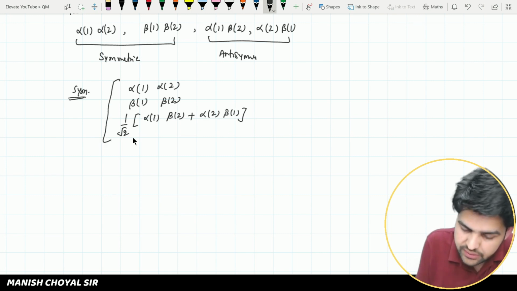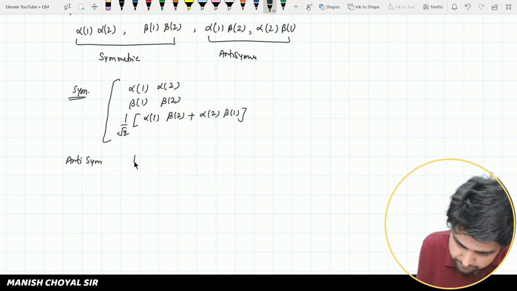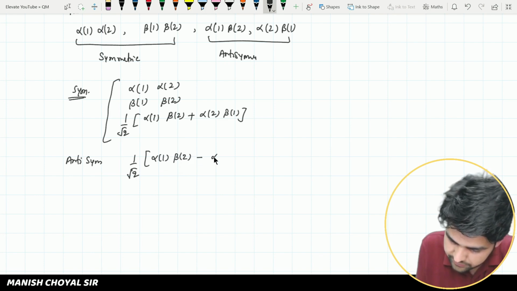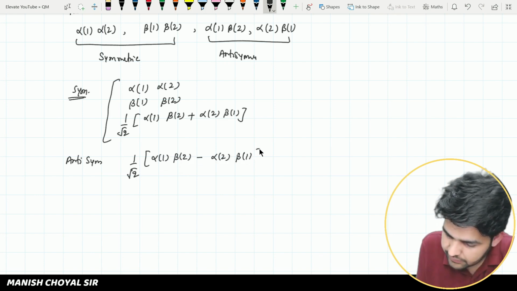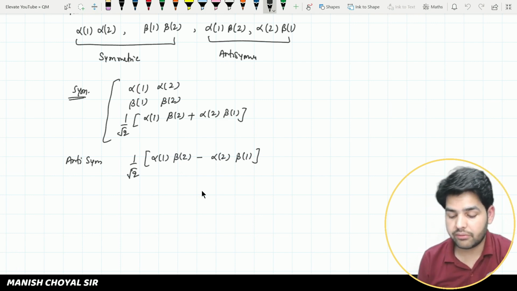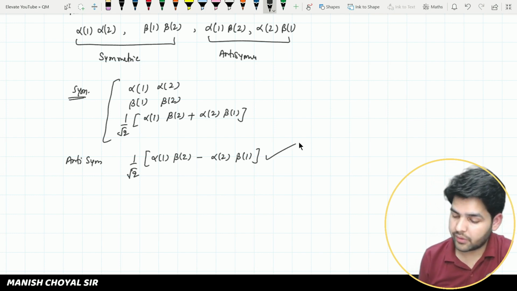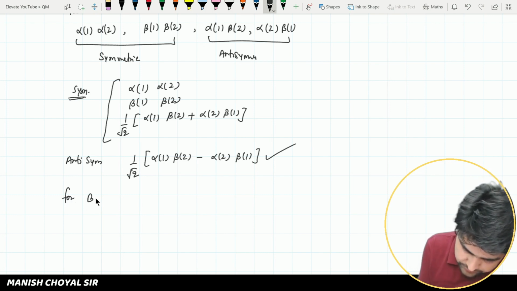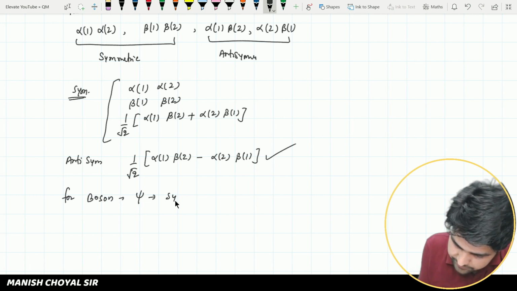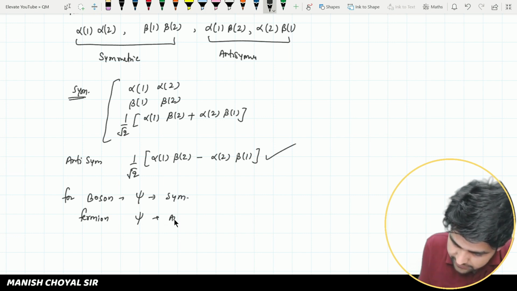So these three are symmetric, and the antisymmetric one is 1 upon root 2 times alpha 1 beta 2 minus alpha 2 beta 1. If we interchange the coordinates, we get an extra minus factor, so this one is antisymmetric. Okay, so for bosons the wave function should be symmetric, and for fermions the wave function should be antisymmetric.